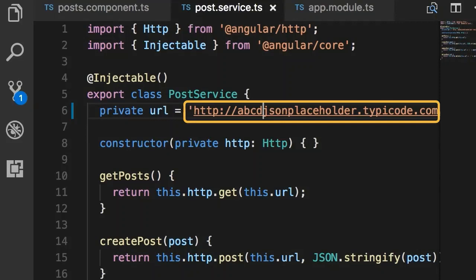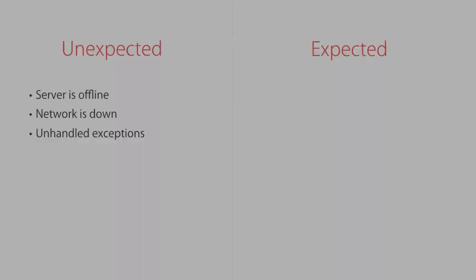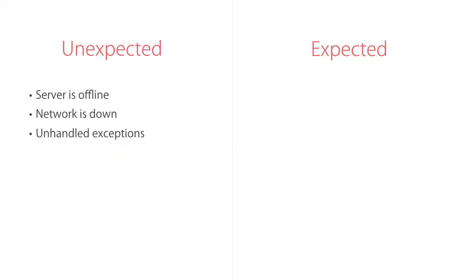So when I changed the URL here, I simulated this second scenario. We could not reach this destination. Another type of unexpected error is when we have unhandled exceptions in our API. So the server is up and running, the network is fine, we call the server, but because of a bug, that call fails and we get an unhandled exception. So these are all unexpected errors.